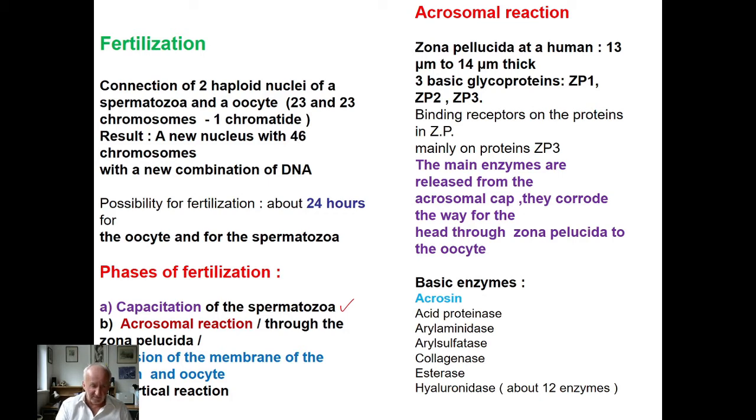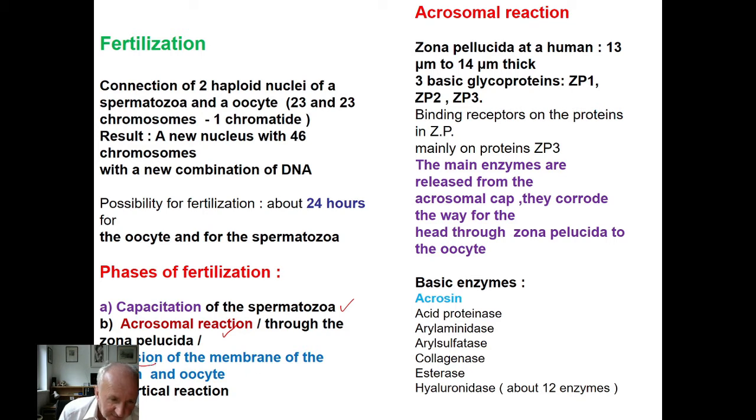Capacitation of the spermatozoa I explained. Now the spermatozoa is getting to the oocyte. In the ampullary part of the uterine tube the acrosomal reaction will happen. The head will move through the zona pellucida to the membrane of the oocyte.